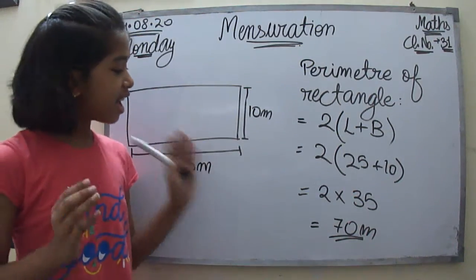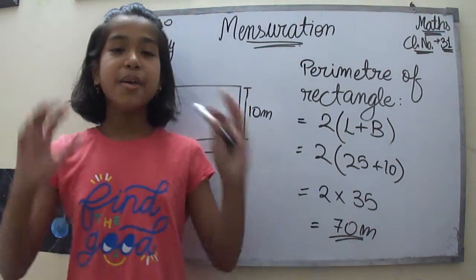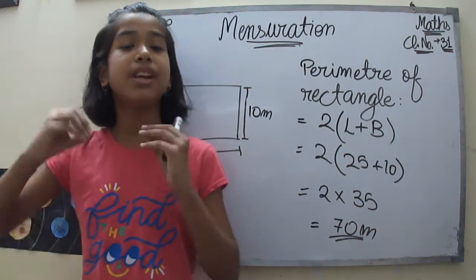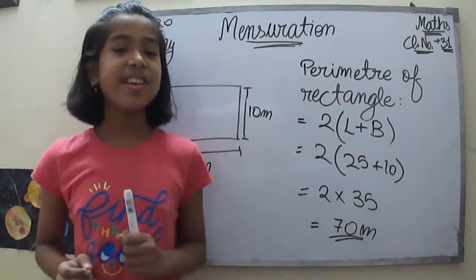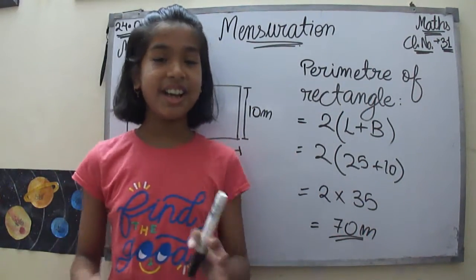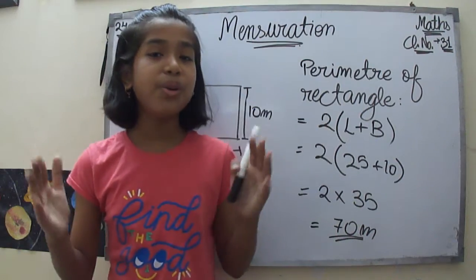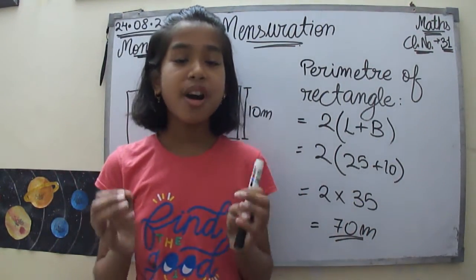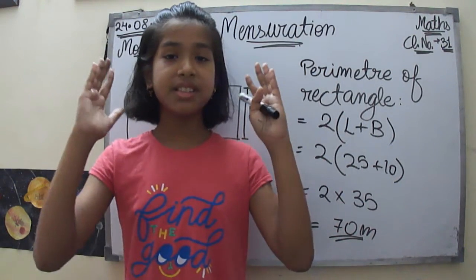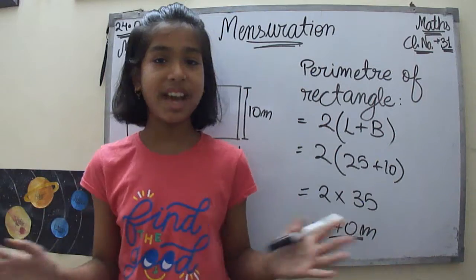Now as we have seen, this formula makes the perimeter of the rectangle very simple to calculate. So now I think that it is clear, and now let's move on to any other polygon. What do you mean by polygon? A polygon is basically a closed figure which is made by straight lines.